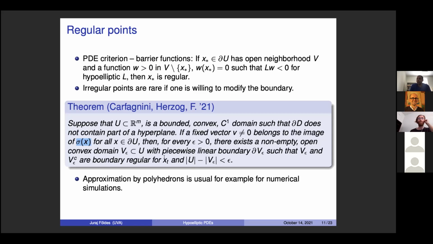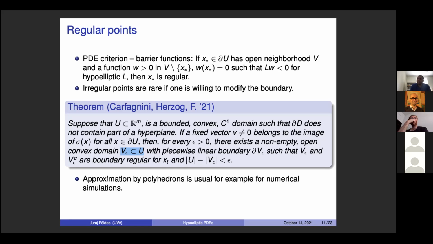Then I can find a domain, a polyhedron inside of U, that has a piecewise linear boundary, all the points on the boundary are regular, and it is as close to U as you like. It really means that the measure between U and this V epsilon is less than epsilon.